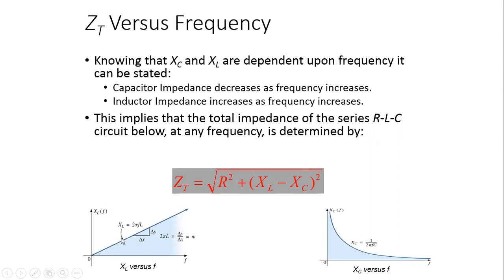We know very well the basic formula for inductive reactance is XL equals omega L. What is my omega? 2 pi F. Here also, XC is nothing but 1 by omega C. So this is the linear characteristic, and this curve shows the non-linear characteristic. Here the inductive reactance is directly proportional to frequency, and here it is inversely proportional to frequency.